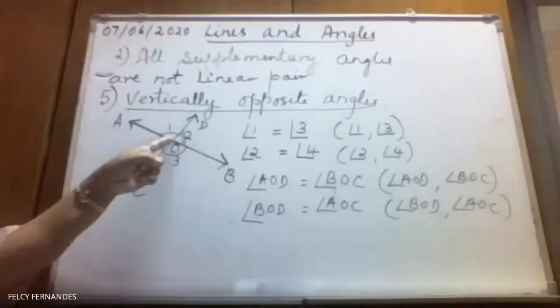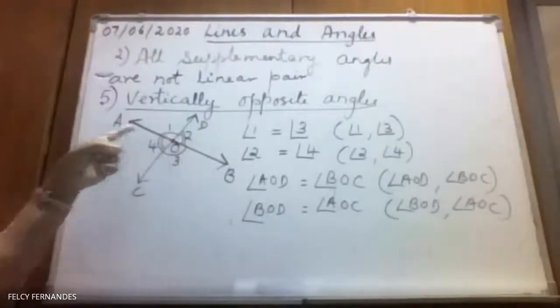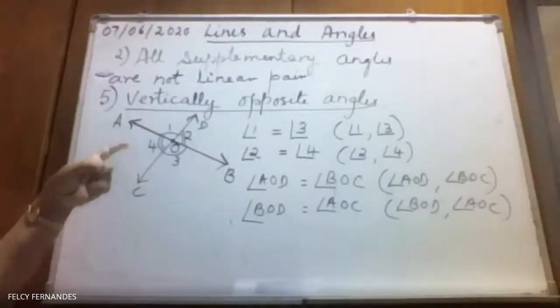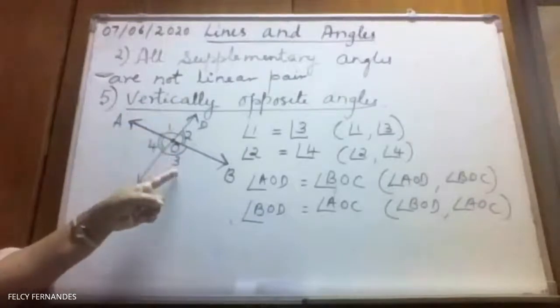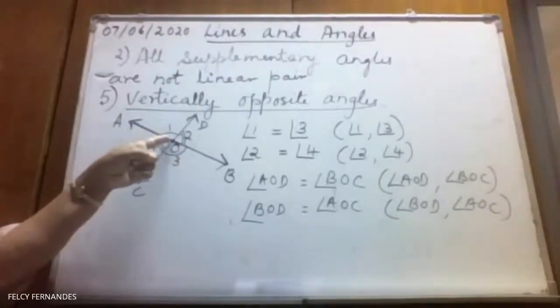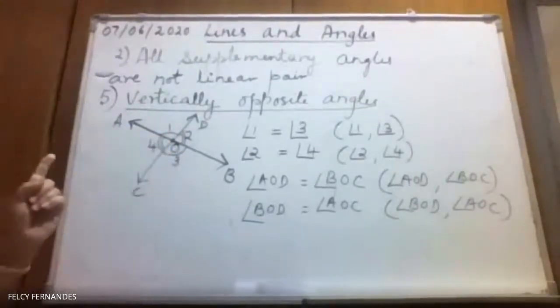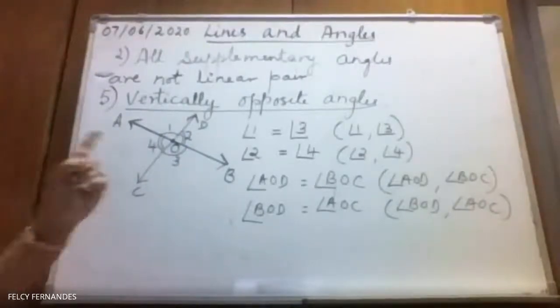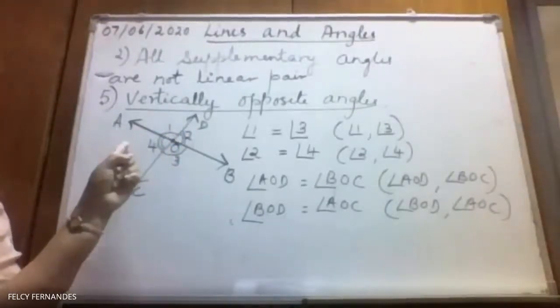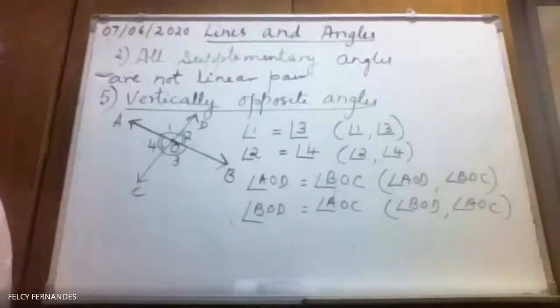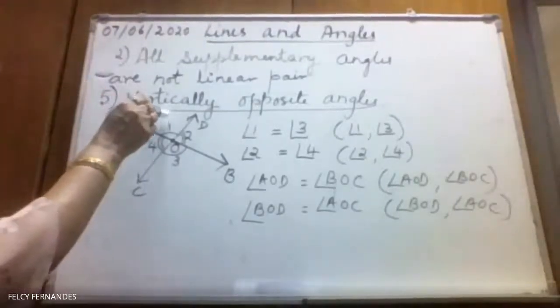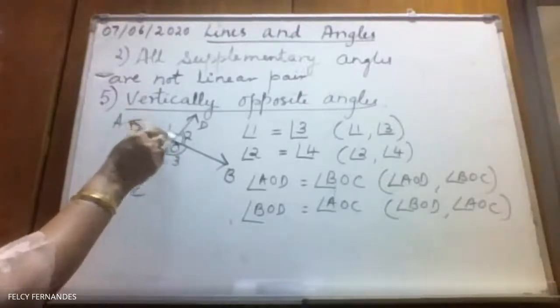This is the point O here. Point of intersection is O. So angle 1, angle 3. In between you can see this is O, point of intersection. And this is angle 2, this is angle 4. For equal angles 1 and 3, I have drawn one arc.